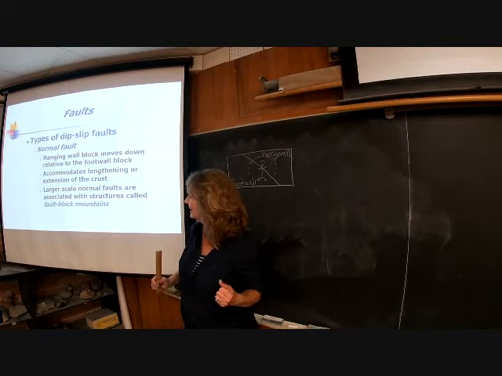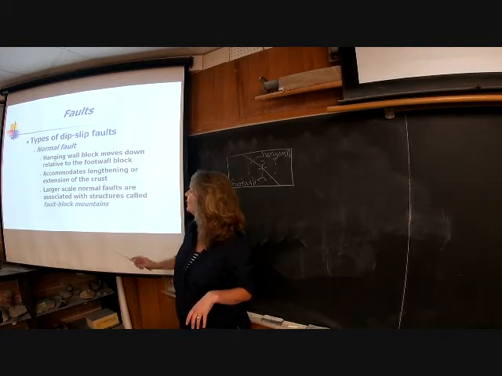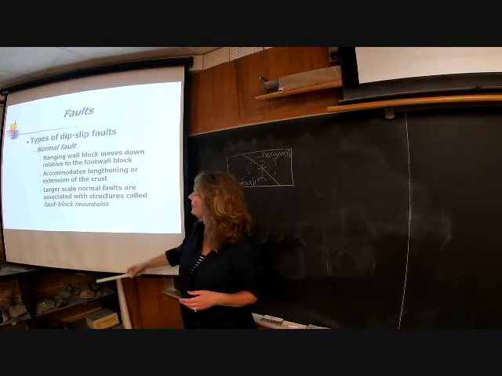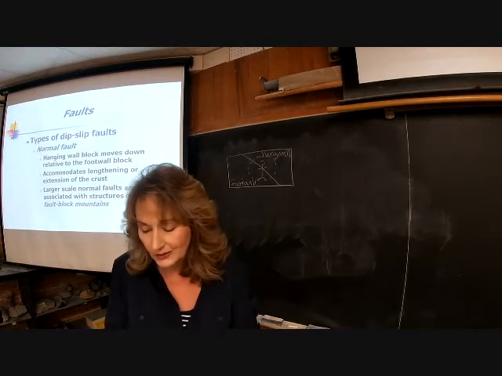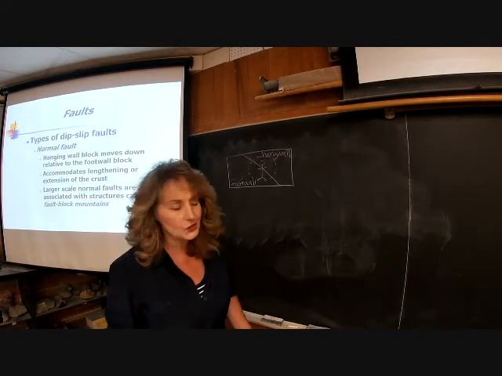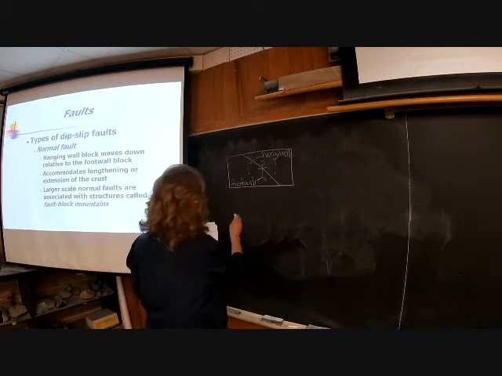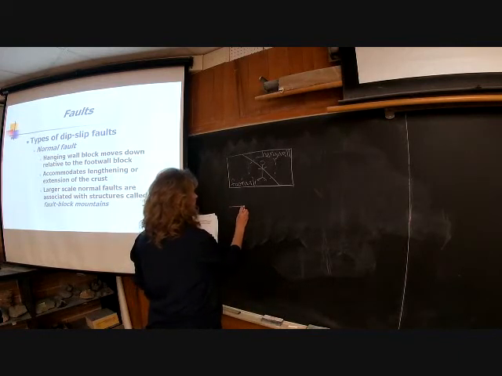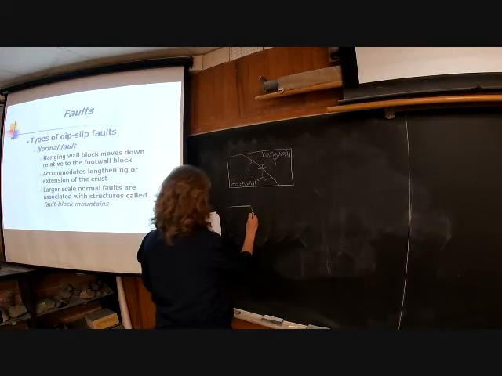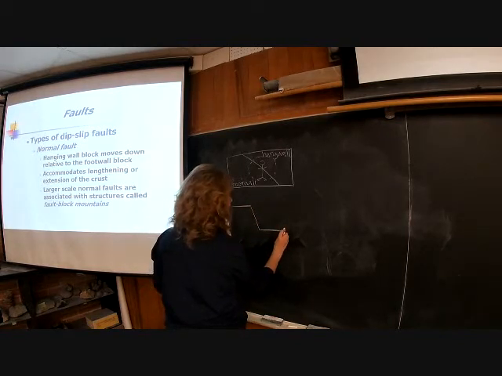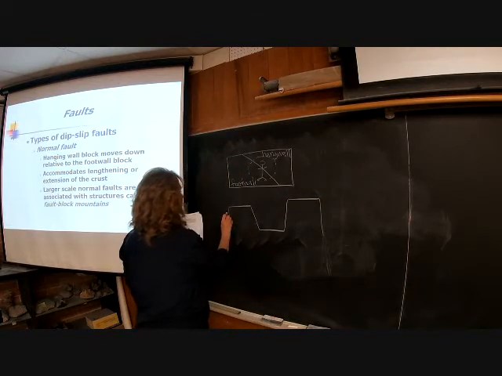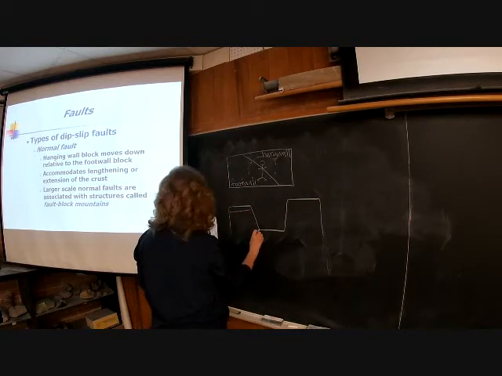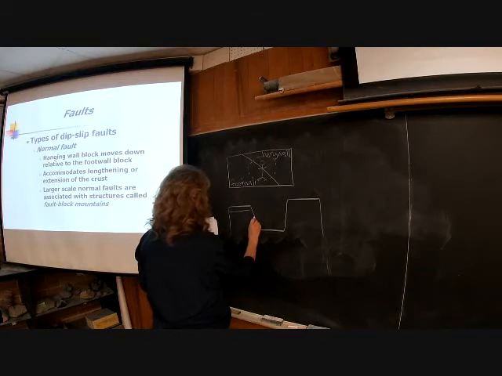Extension of the crust. And some larger scale normal fault structures are called fault block mountains. And so you can actually get some terminology here. I'm not sure if they share that with us, but I'll try to draw something here for you. Got some layers of rock here that we can look at.